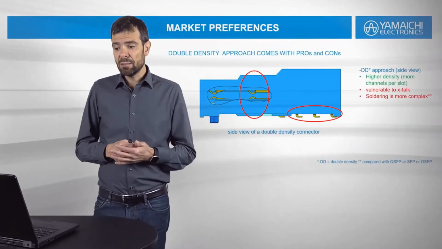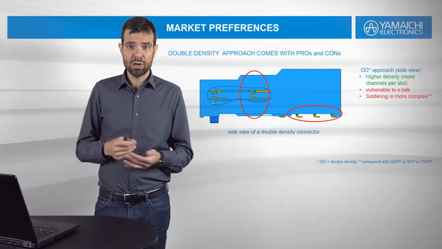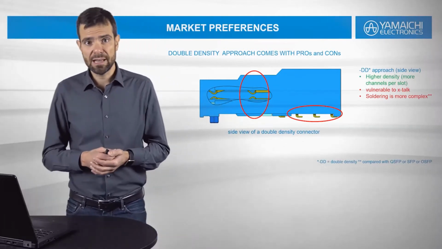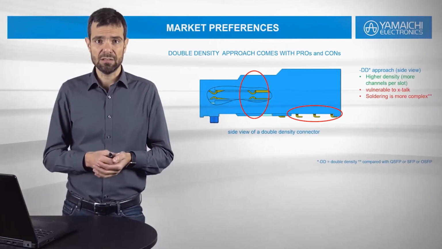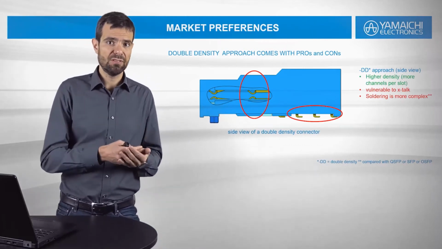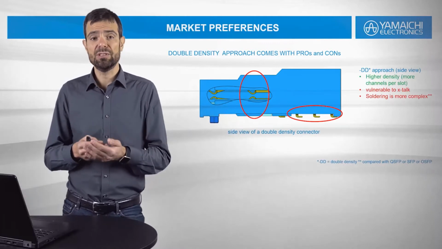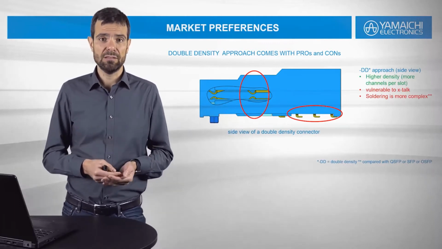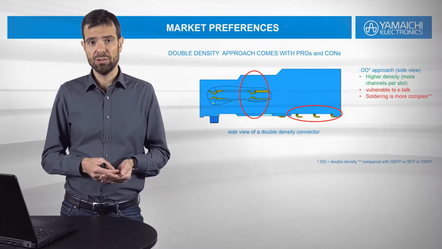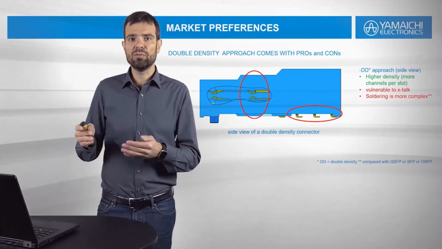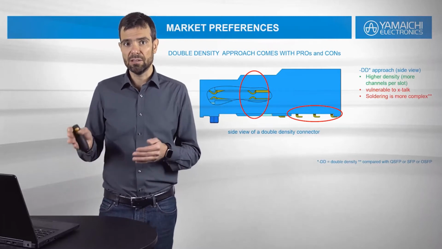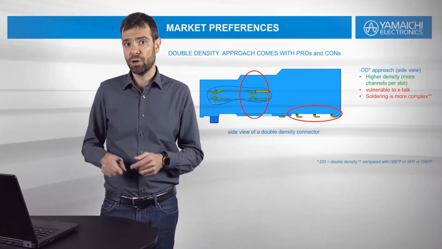The double density approach comes with pros and cons. As the name already says, the density is doubled, which means the amount of channels is doubled. So for QSFP, you have 4 channels. For QSFP-DD, you have 8 channels. That is the huge advantage. On the other side, the DD approach is more vulnerable to crosstalk, and the soldering process is more complex.